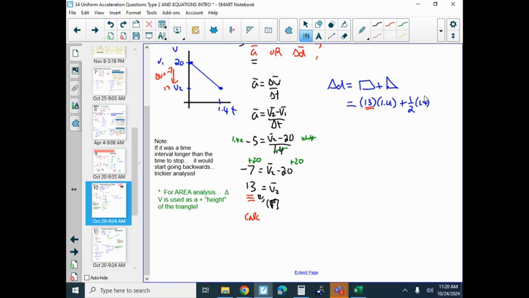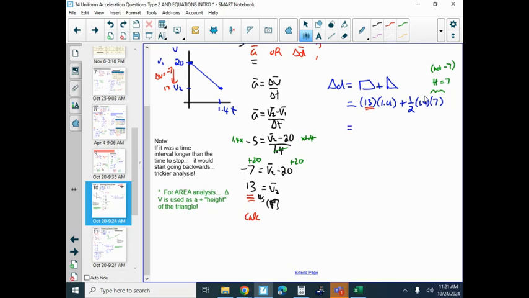But in your work here, when you're looking at the height of the triangle, we're not going to put it as a -7, right? So this is going to be the height of the triangle. So it equals 7, not -7. So we put it in as a 7 and we can calculate stuff out.